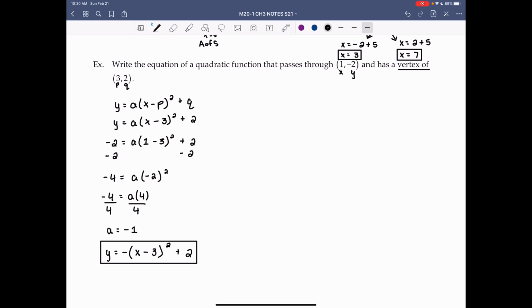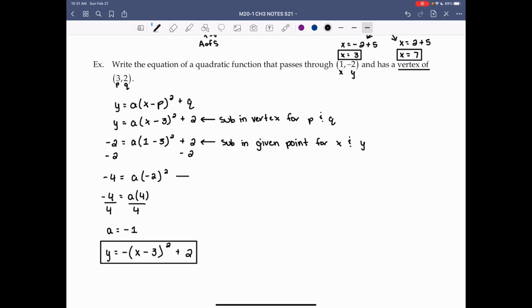Let's write some notes for what we did, so you can use that when you're doing practice problems. So in this step, we subbed in the vertex for p and q. In this step, we sub in the given point for x and y.